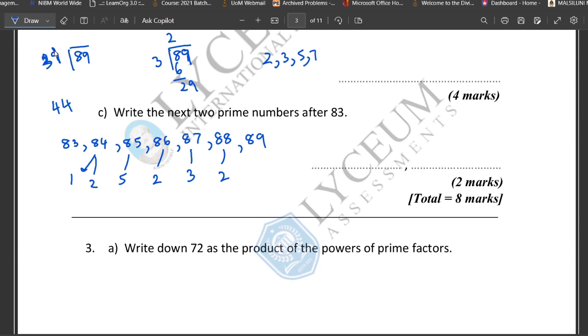So then, till 44, this is not. This hasn't got any factor, so this is a prime number.